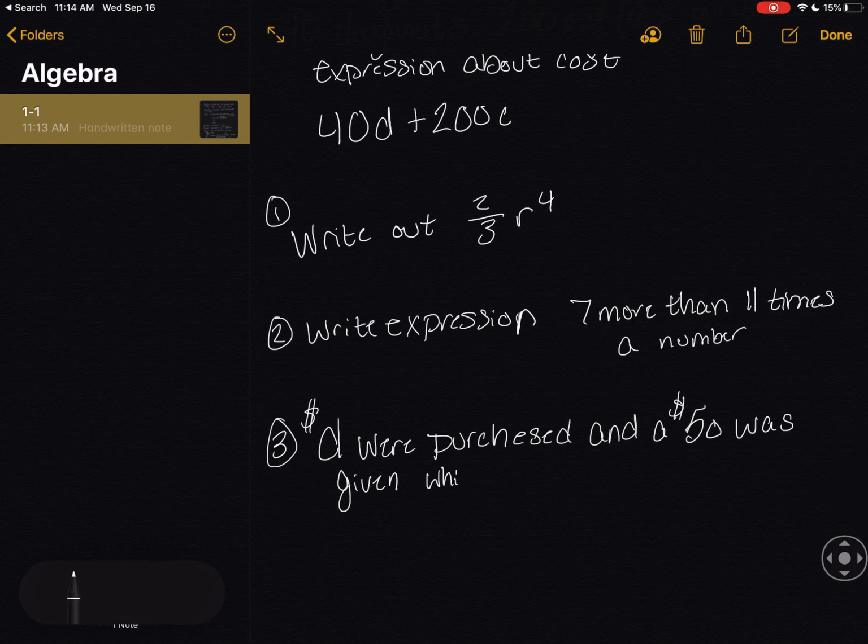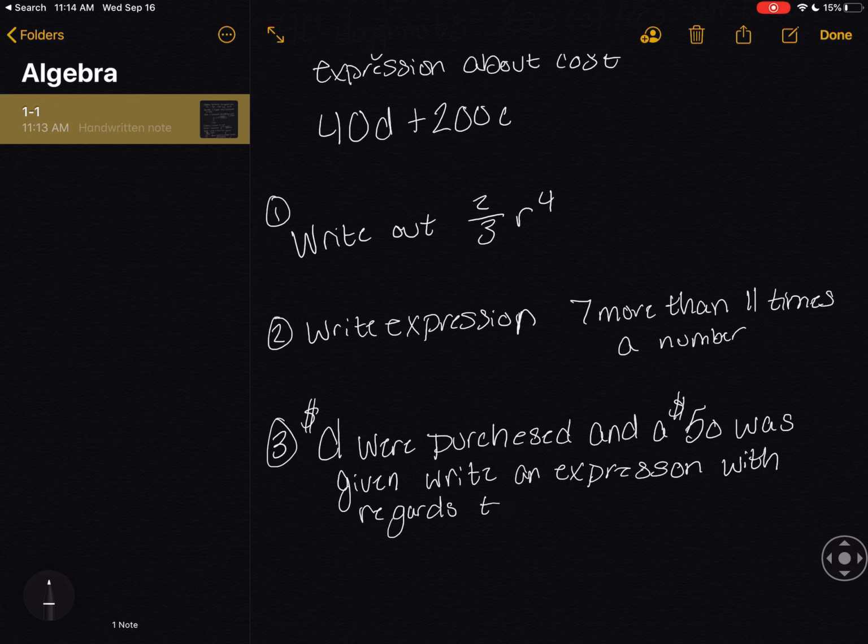Write an expression with regards to change received. For just a hint, you're going to use subtraction here somehow.